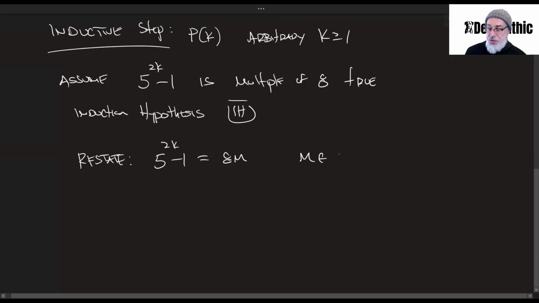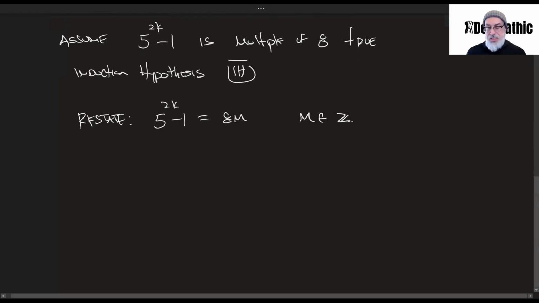So m is an integer. Now, it doesn't need to be a positive integer. It could be any integer. So that's what we're going to say the induction hypothesis is: 5 to the 2k minus 1 is equal to 8m. So it's a multiple.